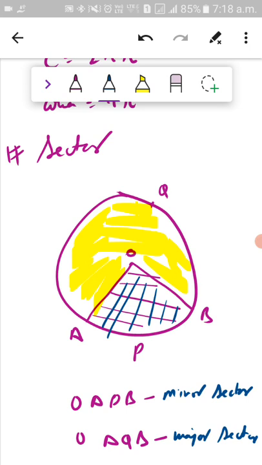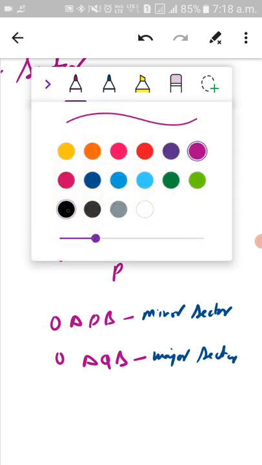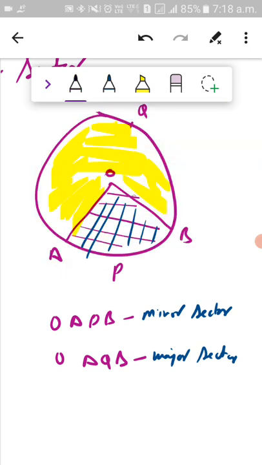Now let us say that the corresponding arc APB is subtending an angle theta at the center O. So how to find the minor sector and major sector?